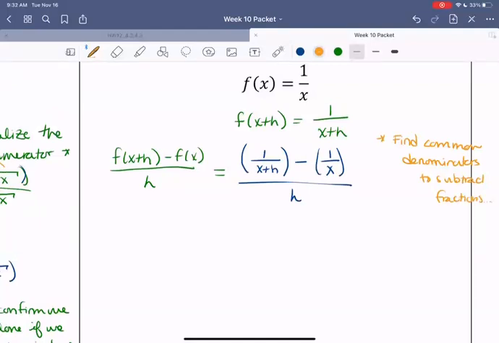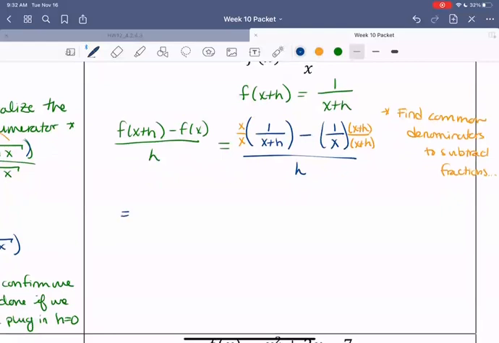Our first denominator is x plus h, then we have an x. So to get a common denominator we just multiply both by the denominator of the other. That would look like multiplying the first term by x over x, and the second term by x plus h over x plus h.